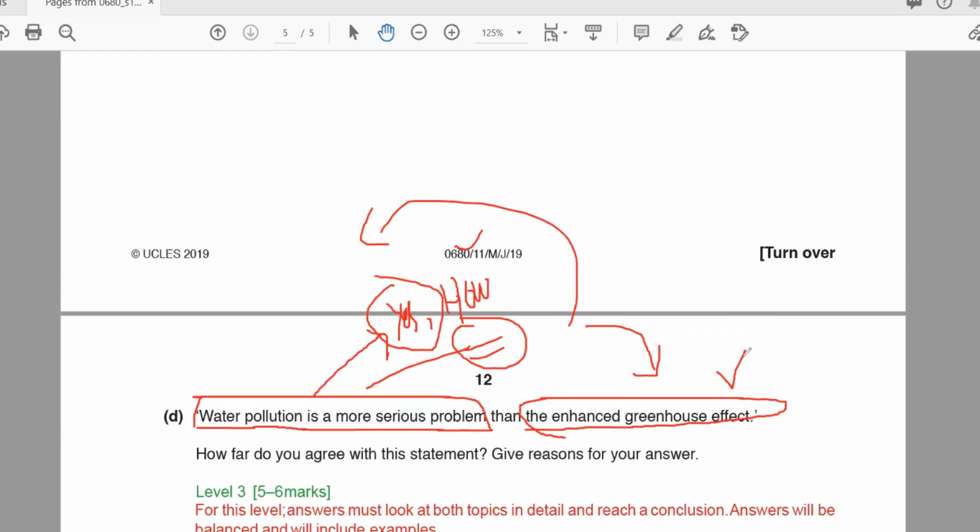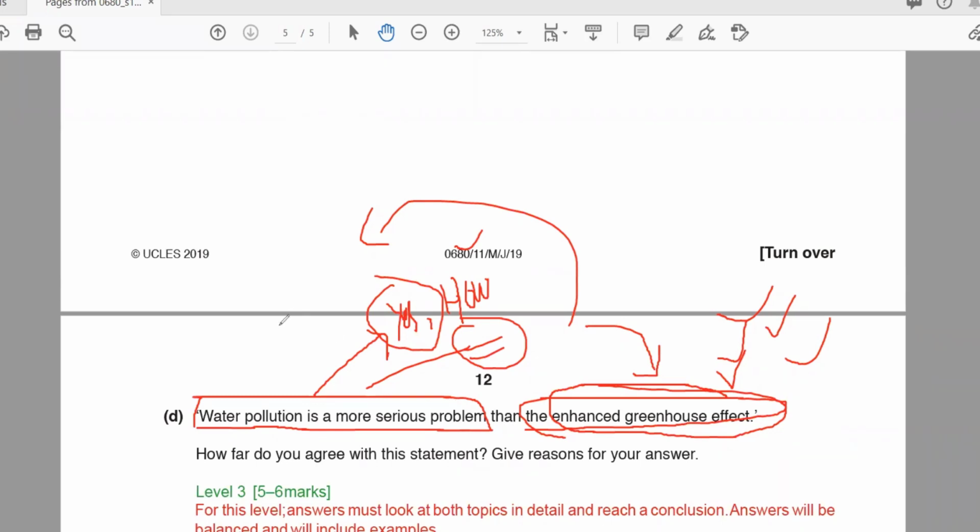By increasing the plants and all these things, you can control it. But at the same time, this greenhouse effect can affect people, but it depends on whether you agree or disagree.